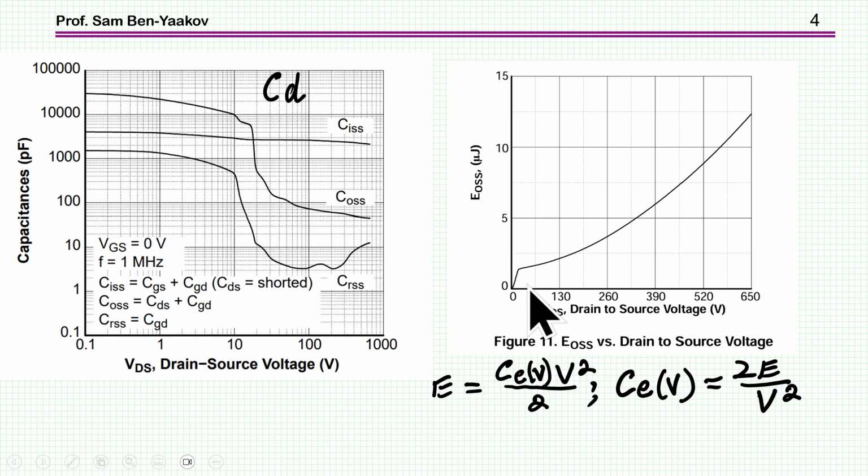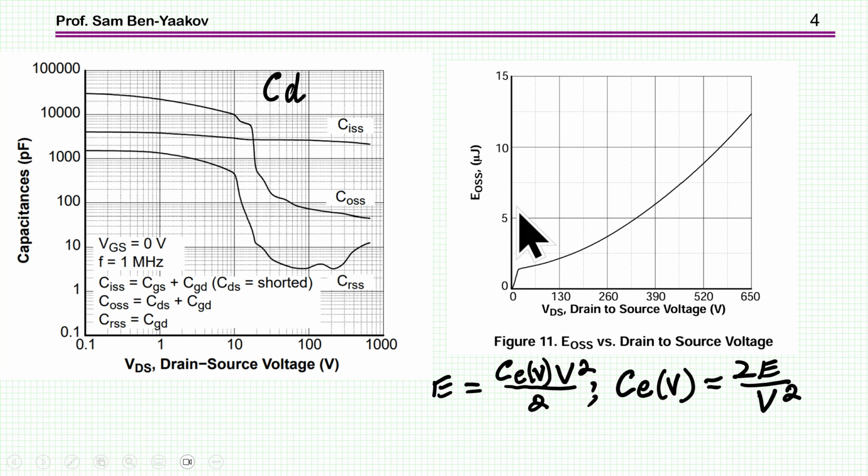Now the manufacturers are actually giving this type of plot, which is not the capacitance, just the energy stored as a function of the voltage. This is very useful, of course, because if you know to what voltage the transistor is being charged, then you know what is the energy stored in it.